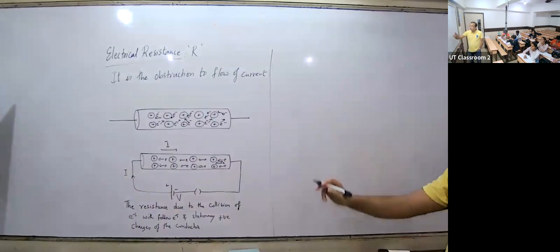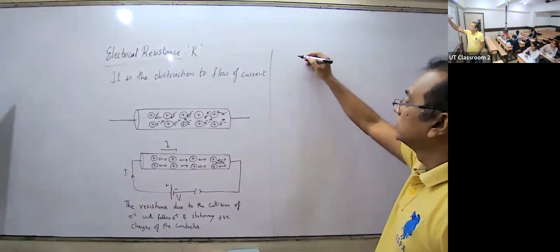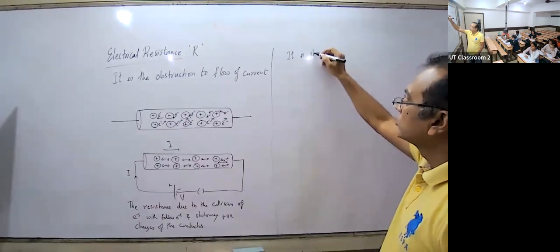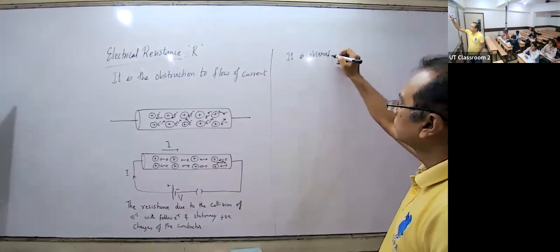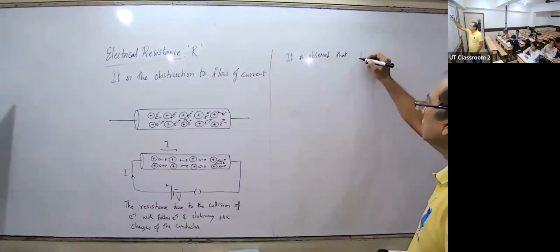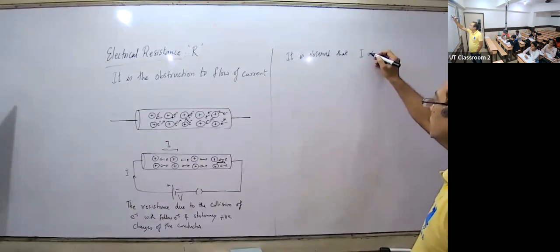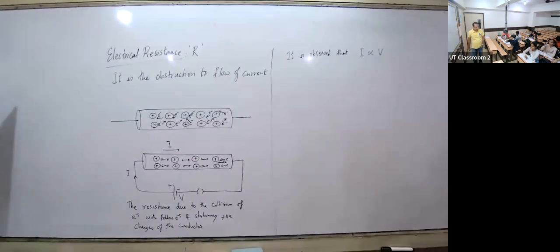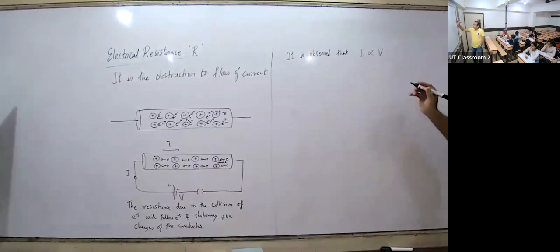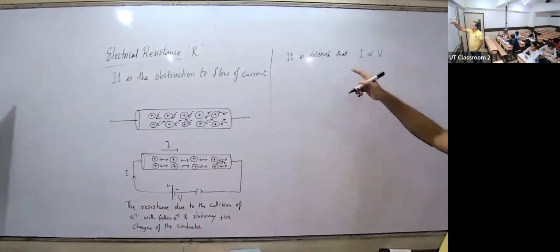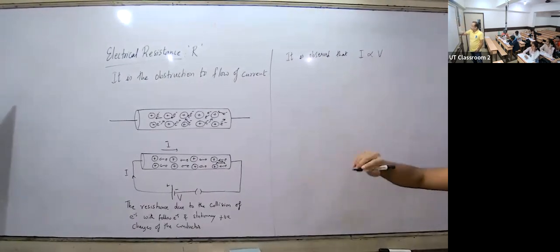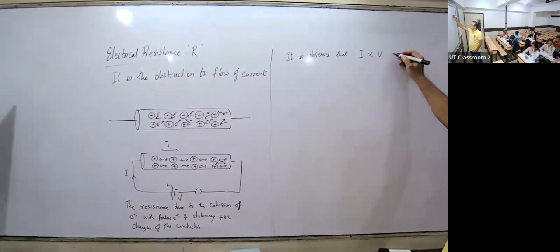So what is observed is that the current flowing through the conductor is directly proportional to the applied potential difference, right?